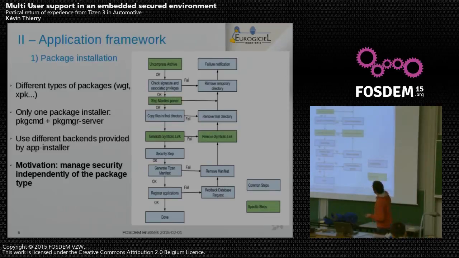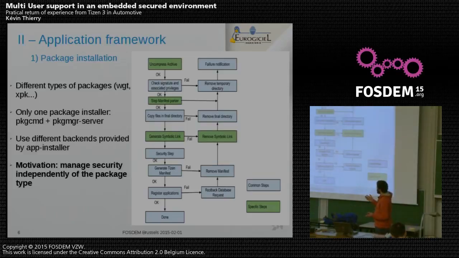When it comes to generating a symbolic link, it's very particular to a web application, because when you launch a web application, you don't launch the application, you launch the web engine, the web browser. So your binary won't be the application, it will be the web runtime engine that will then load the application.